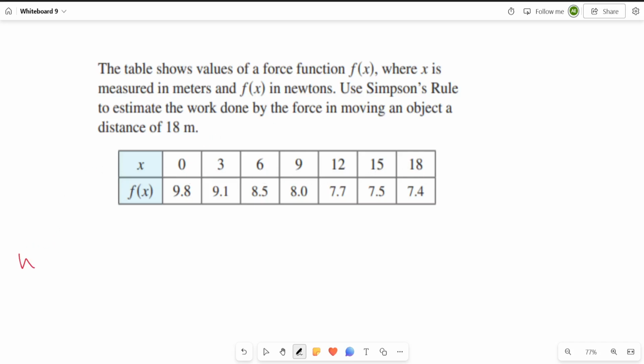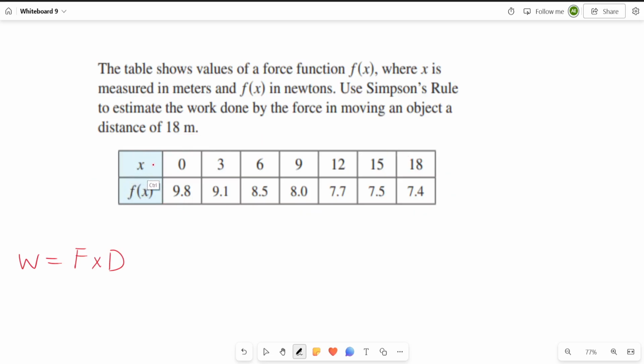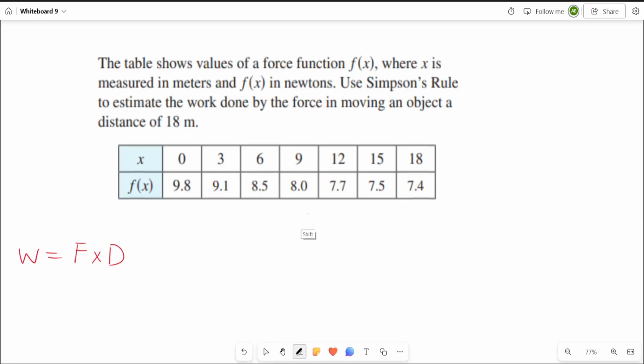So work is equal to force times distance. This is force and this is distance. So the work is equal to the total of these things multiplying each other. In other words, if I graph this, this is f of x, this is x.